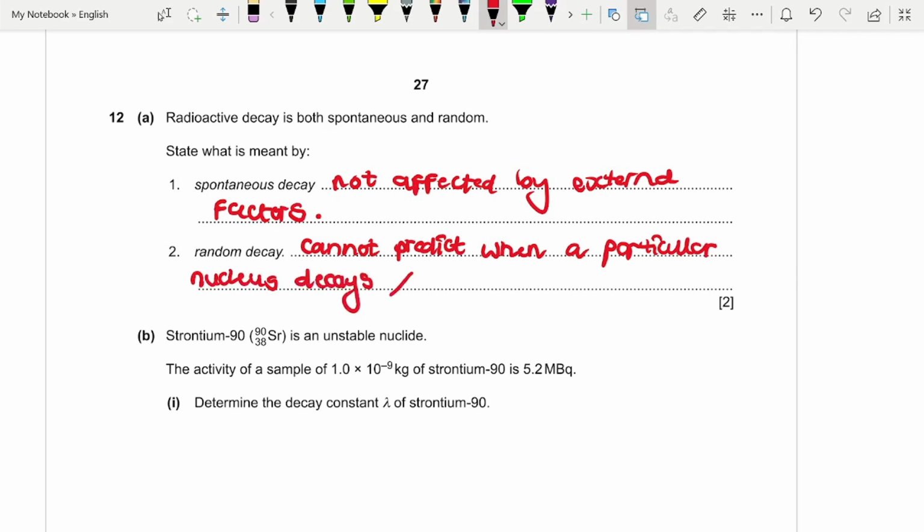A fancy way to say it is you cannot predict which nucleus will decay. So you can have multiple nuclei and can't predict which nucleus will decay, or you can have one nucleus and you cannot predict when it will decay.